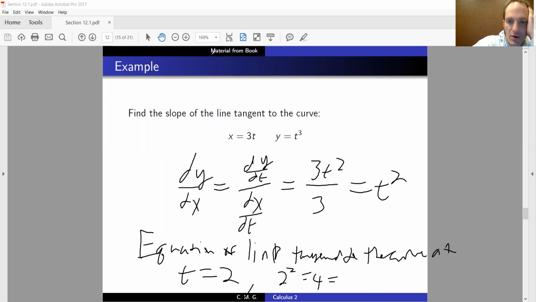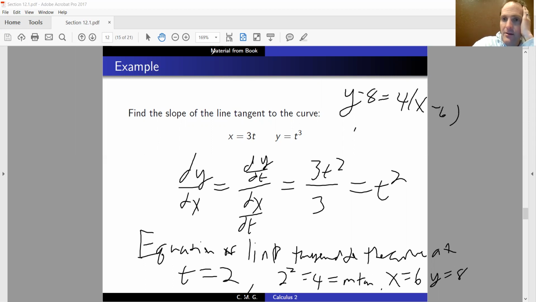And so that's the slope. And then the x value at 2 is 6. The y value at 2 is 8. So we're going to take y minus 8 equals 4 times x minus 6.